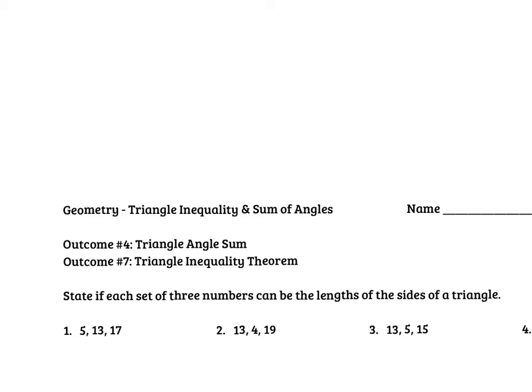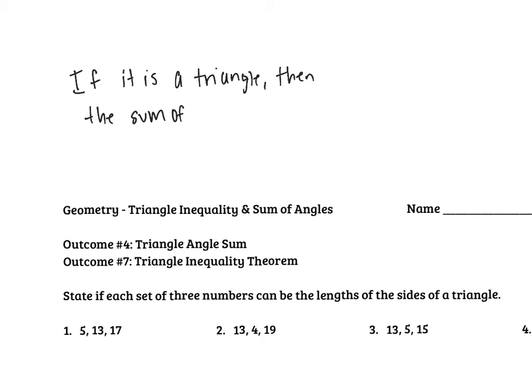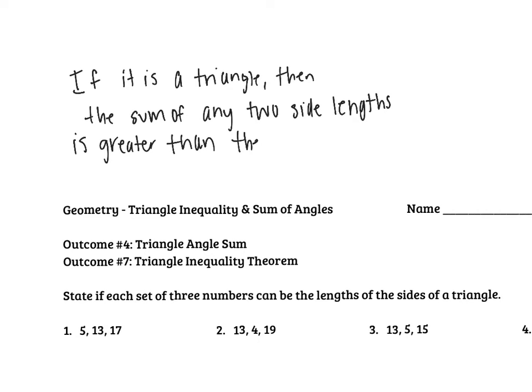So we kind of wrote it as a conditional statement in class to kind of relate back those if-then statements. So it's: if it is a triangle, meaning a shape, if it is a triangle, then the sum of any two side lengths is greater than the length of the remaining side.